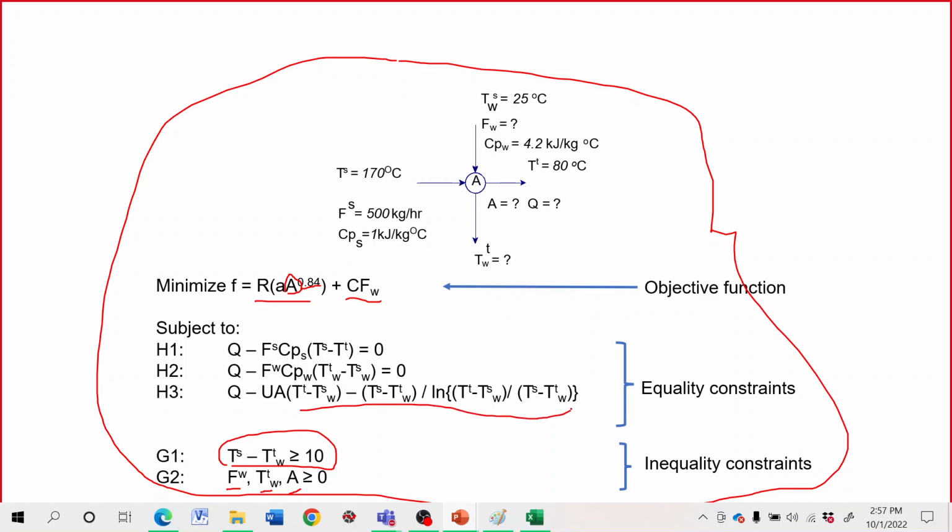If either the objective function or one of the constraints is non-linear, then the problem is non-linear overall. But if the objective function and all the constraints are linear, that becomes a linear programming problem.